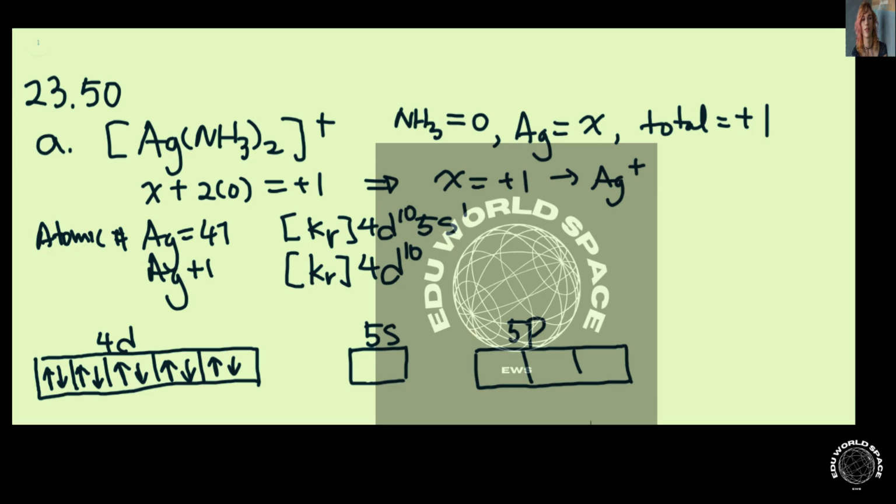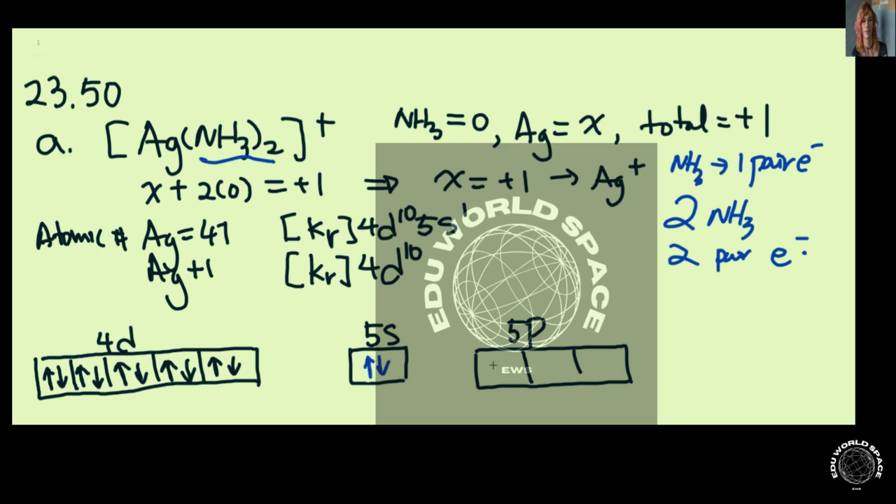Each ammonia ligand has 1 pair of electrons. Since we have 2 ammonias, 2 pairs of electrons are donated by the ligands to the center metal, silver. So 2 pairs of electrons are added to the orbitals, 1 pair and 2 pairs.